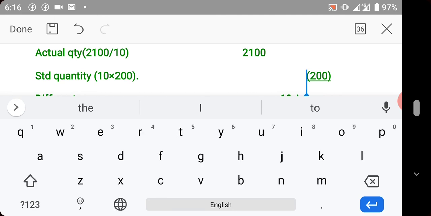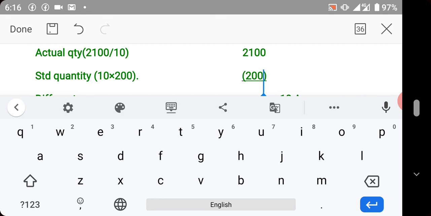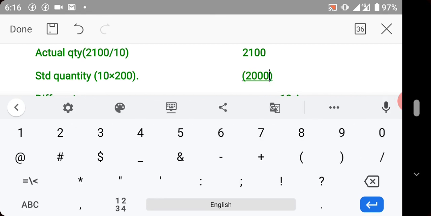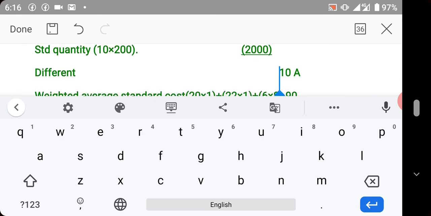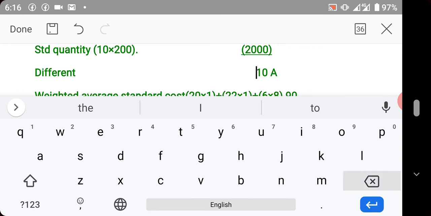So that will give you 2,000. So 2,000 minus this will give you 100.